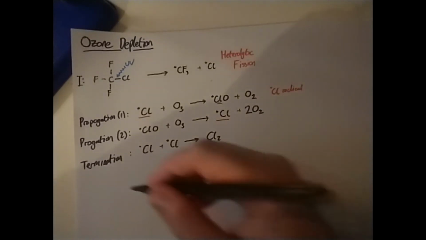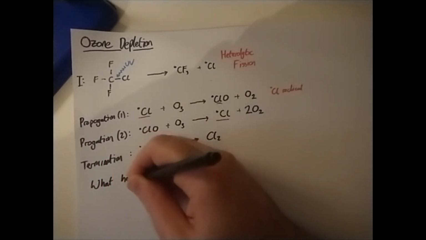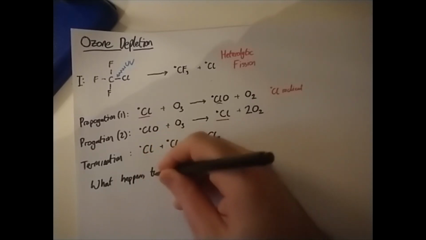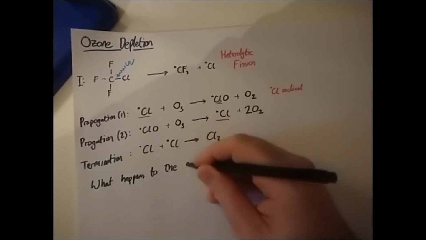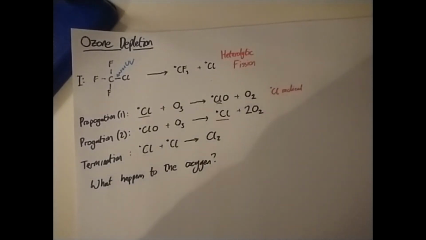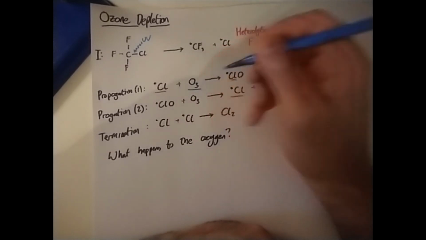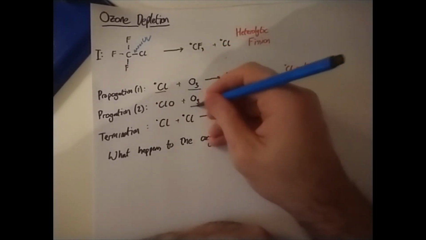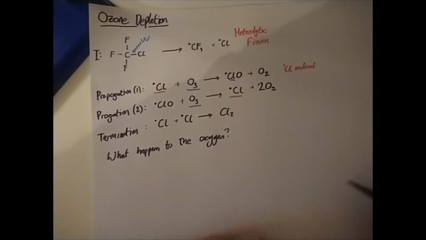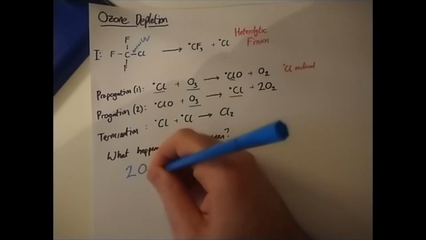So if we're looking at what's happening to the oxygen, we've got an ozone in the first propagation step. We have another ozone in the second propagation step. So we're going to have 2 ozone molecules.